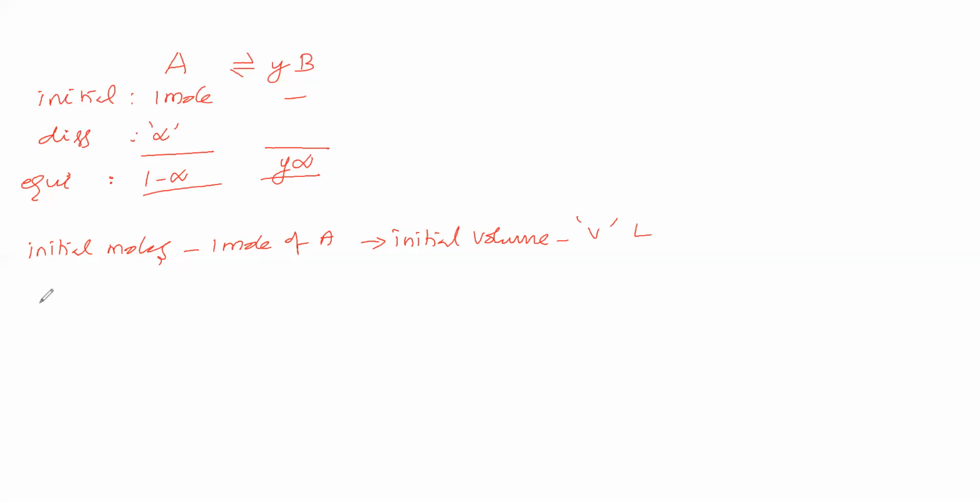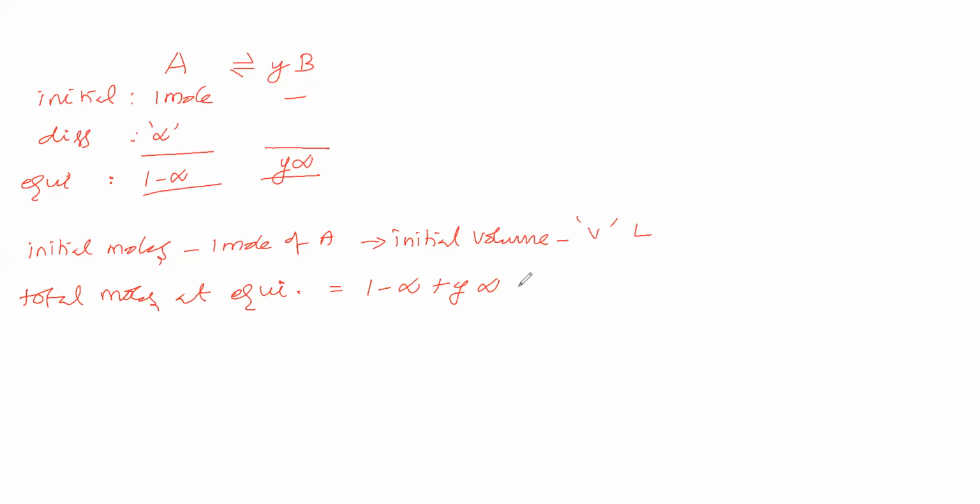So at equilibrium, the total moles is 1 minus alpha plus Y alpha. A is 1 minus alpha present at equilibrium, and B is Y alpha present at equilibrium. Okay, total moles this much.